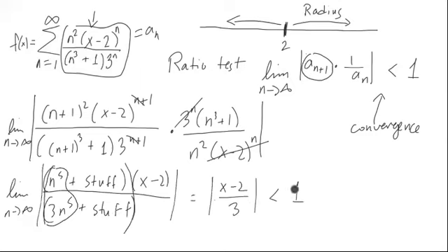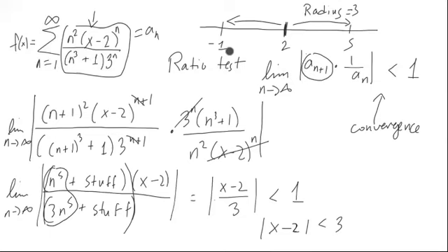We multiply things by 3 and get the absolute value of x minus 2 less than 3. This absolute value means the distance x is from 2, and we want that to be less than 3. That means the radius is equal to 3. So we're going up to 5, and we're going down to -1. Now, we just need to test the endpoints to see if we include them or not.